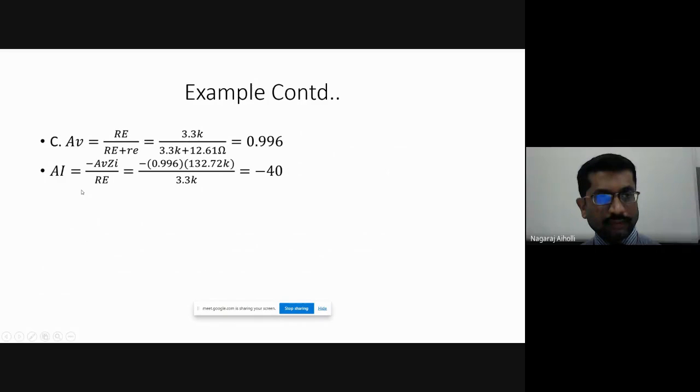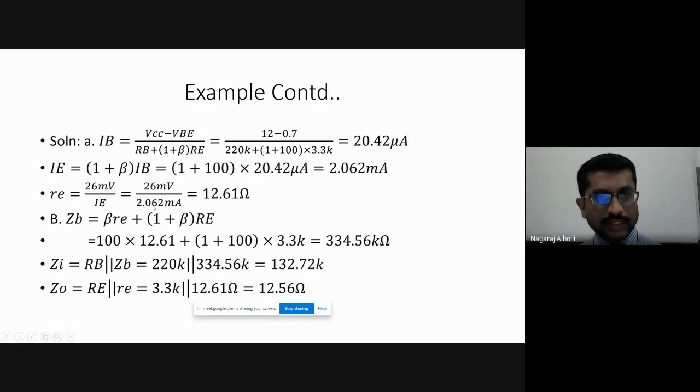Now what is left? Last part, voltage gain and current gain. Did you follow here, students, how we are getting this IB? There is RE and ZI and Z0. Part A and part B, all understood here, students?